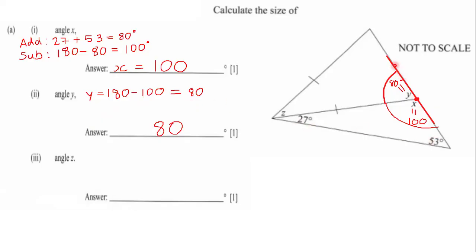What do we know about angles on a straight line? Angles on a straight line at a common point add up to what? 180. Very good. So if this is 100, what must y be for them to add up to 180 degrees? If you already know that x is 100, y must be what? Y will be 80. Very good.